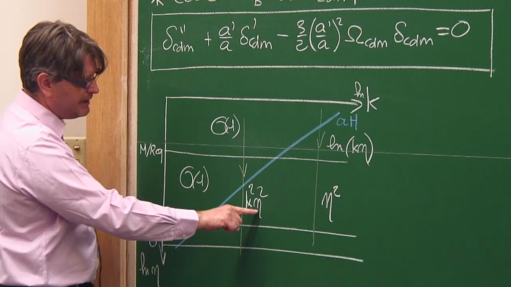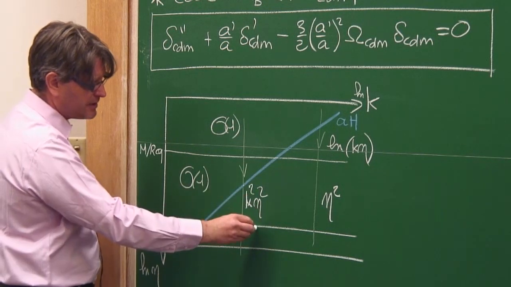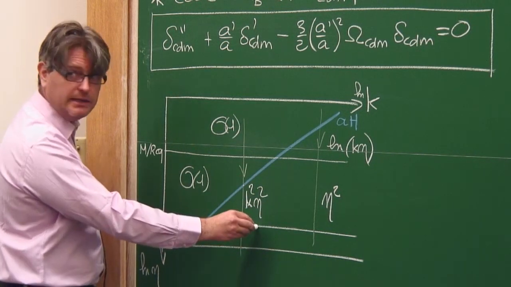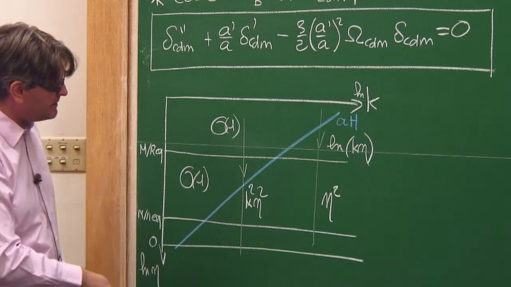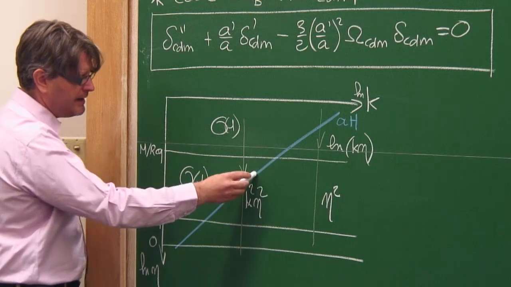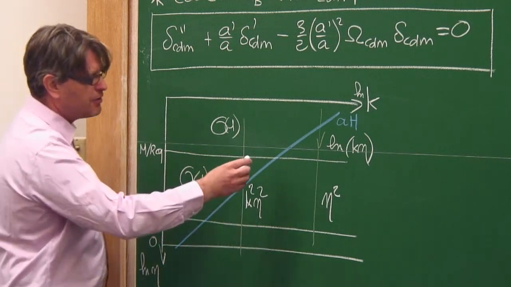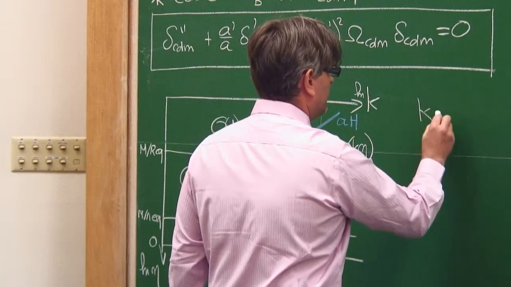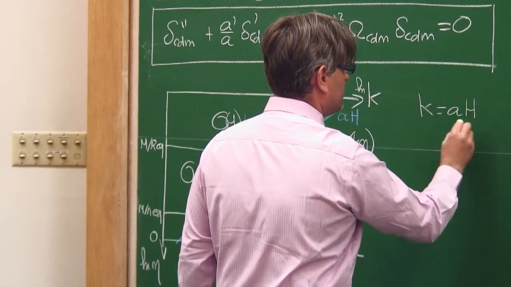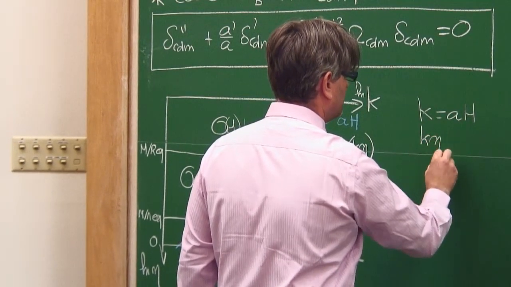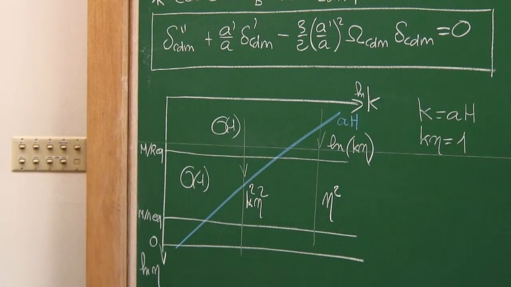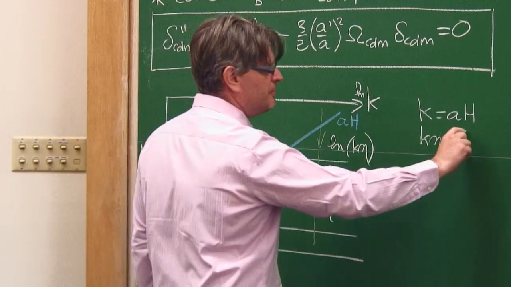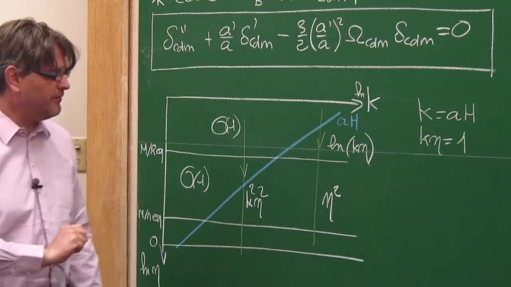The eta squared here is just because inside the Hubble radius, perturbations grow like eta squared. The k squared is because you have to normalize such that on this line you get 1. Hubble crossing reads k equal to aH or k eta equal to 1. It is the same. Just replace a by a power law of eta and you will say that apart from a numerical factor, the two conditions are equivalent.